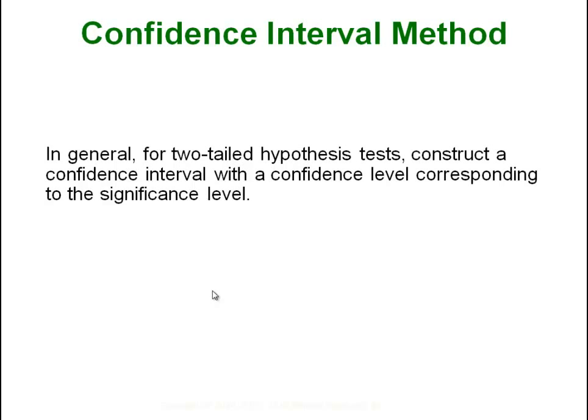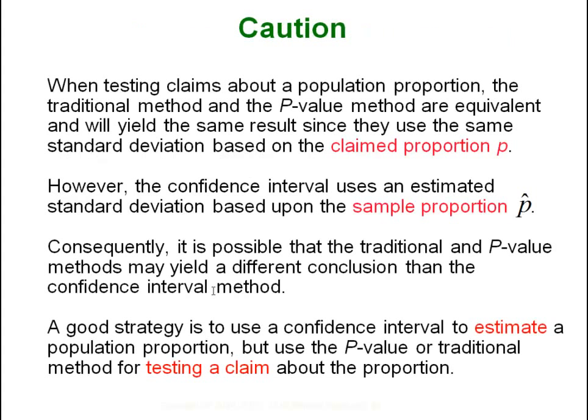You can construct a confidence interval around your best point estimate, so you're constructing a confidence interval around your p hat, and then you're looking to see whether or not the hypothesized p is within that confidence interval. It's got a lot of major problems. Don't do it, unless you're in some book or course that requires you to do it. It's not a good method.